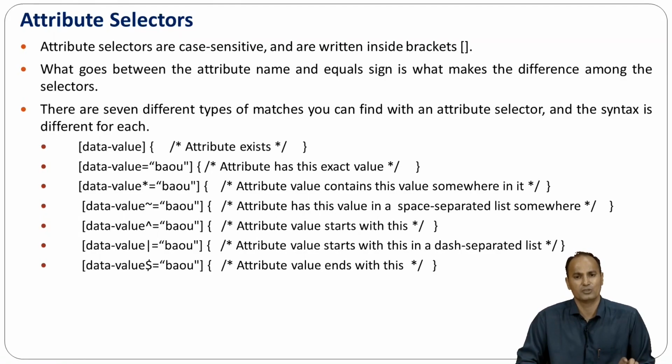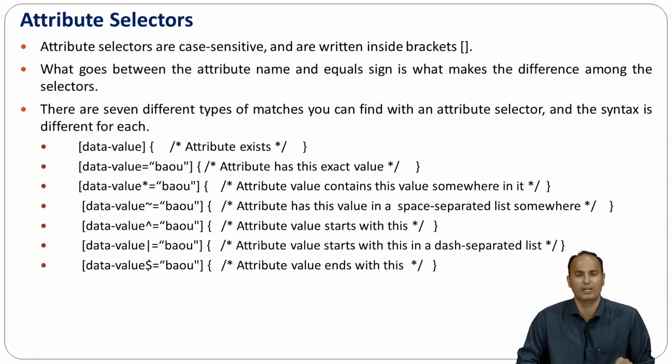The caret sign is used to indicate that the value starts with a particular specified value. That means the value will start with that value only. If we specify a vertical sign, or pipe sign, that indicates the attribute value starts with this in a dash separated value.